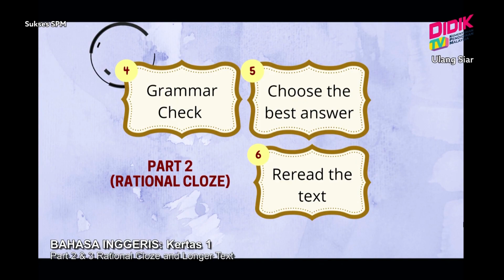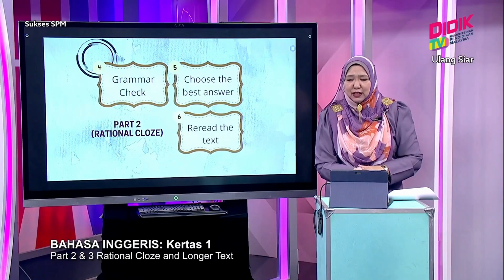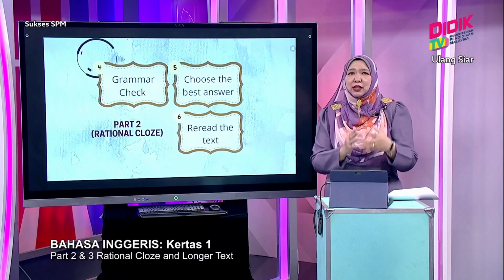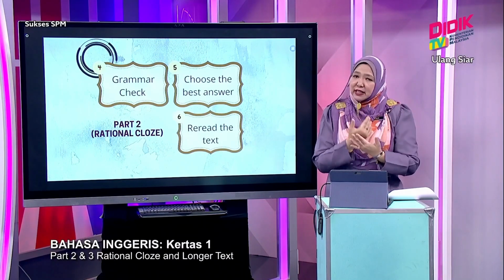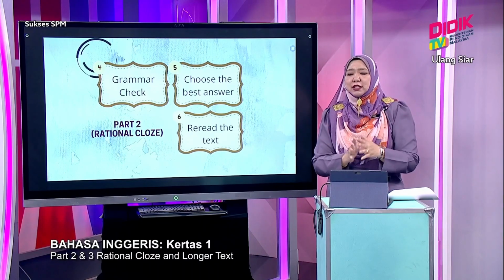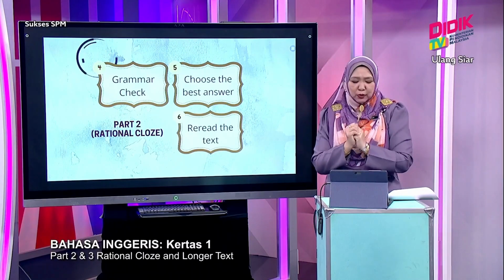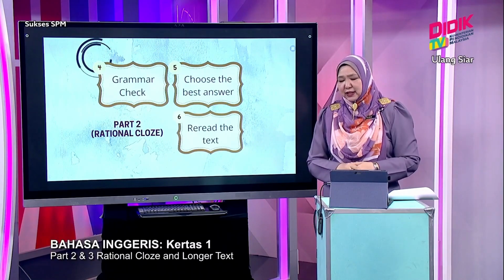So you can use the sentences before and after to help you, whether it requires tenses, verbs, or part of speech. You have to look at the part of speech, and then you also have to look at the vocabulary. So that is how you arrive at the best answer.